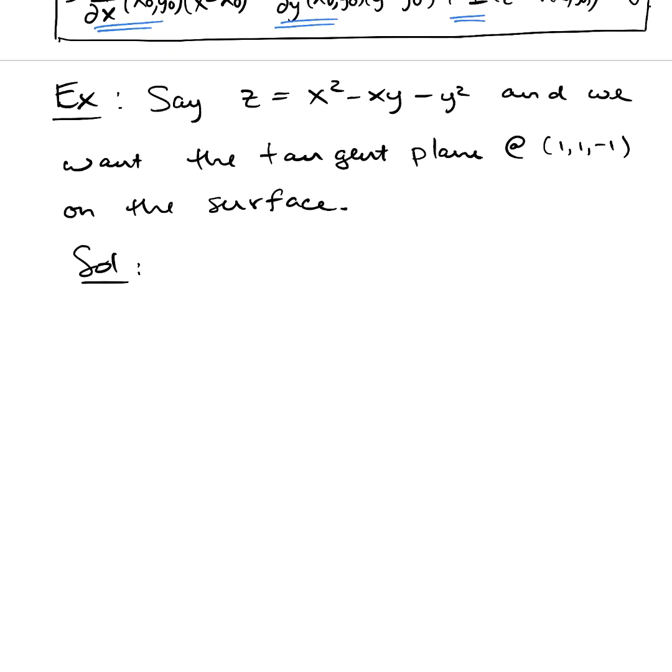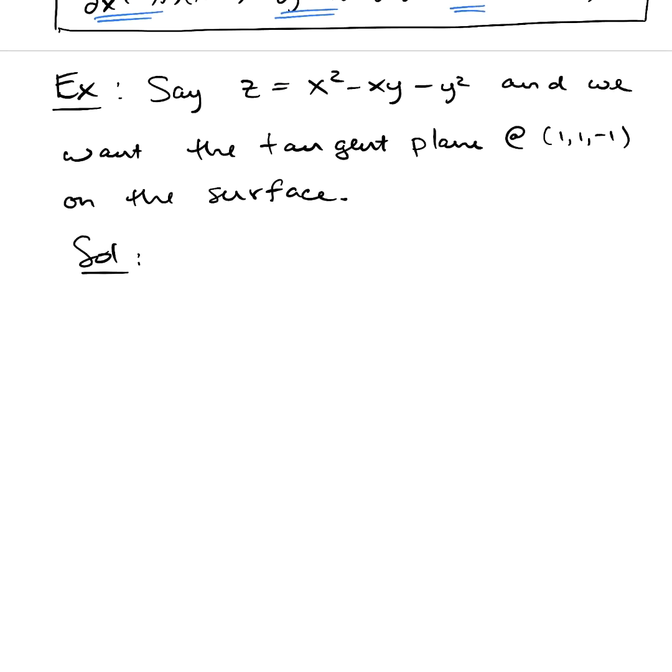These things are straightforward at this point in chapter 14. So let's compute. If you take the partial with respect to x, you get 2x minus y. If you take the partial with respect to y, you get negative x minus 2y.